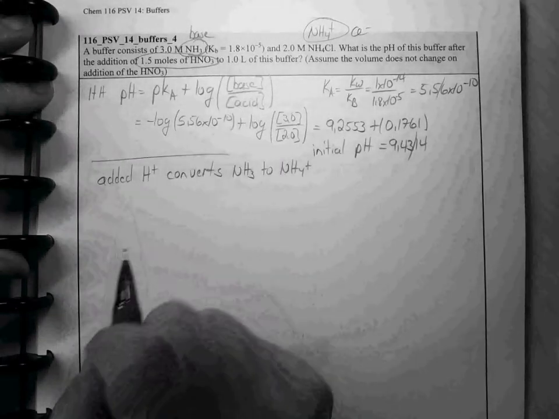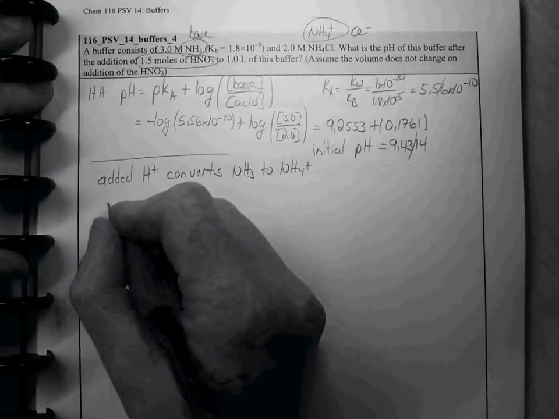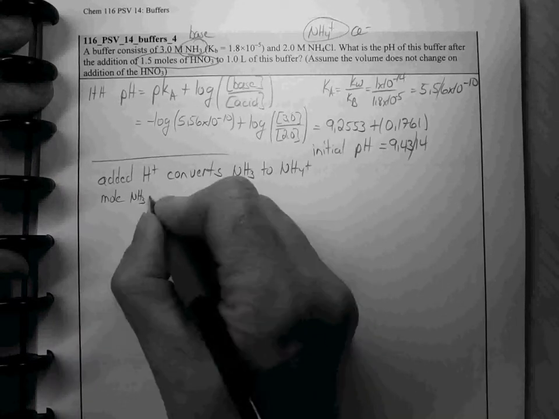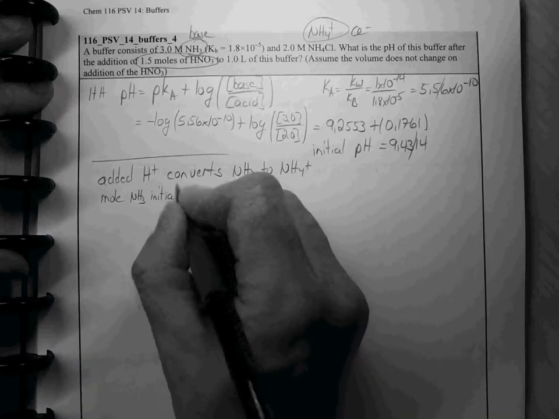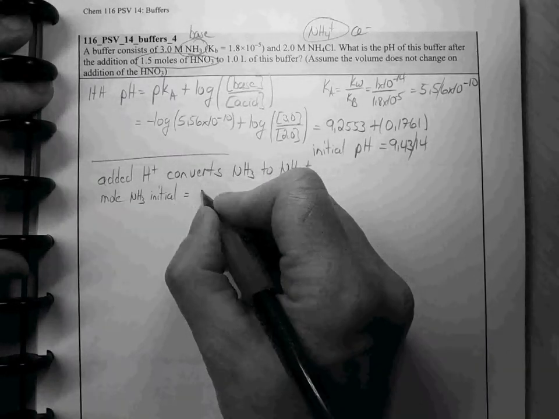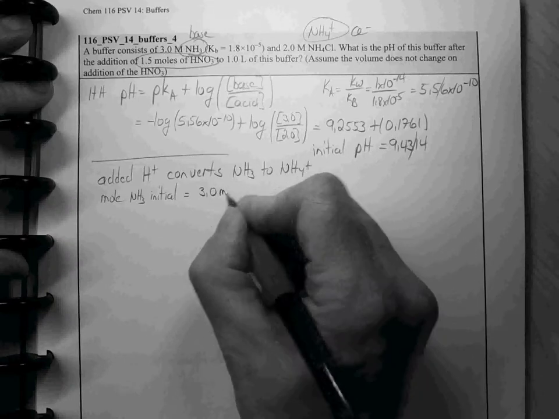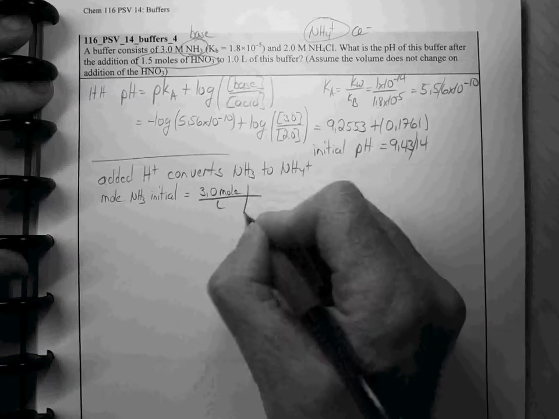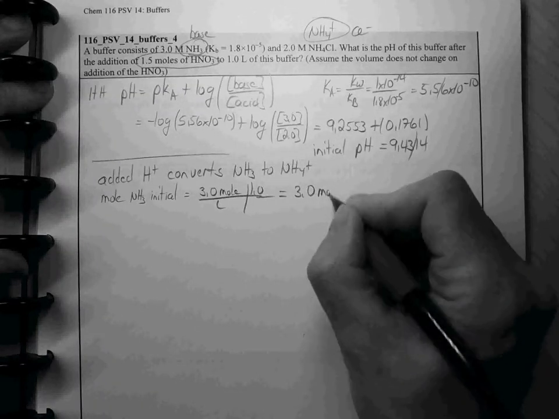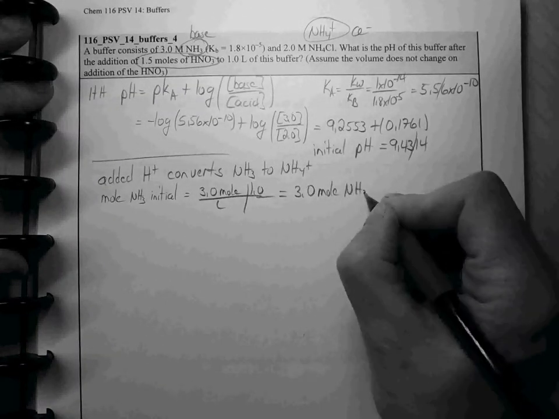We start with a 1 liter volume of each. Moles of NH3 initially is going to equal volume times molarity. So we've got 3 moles per liter and 1 liter. So we have 3 moles of our NH3.